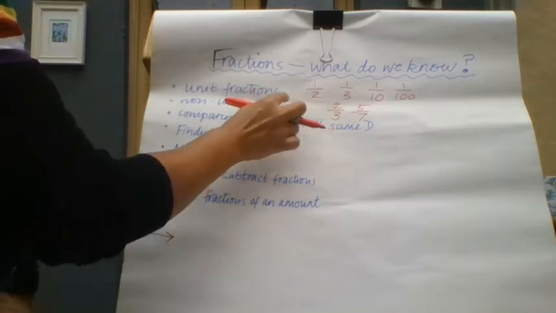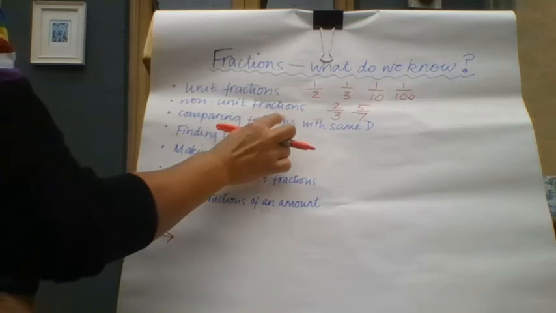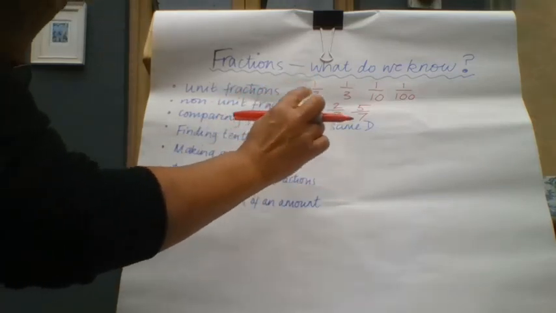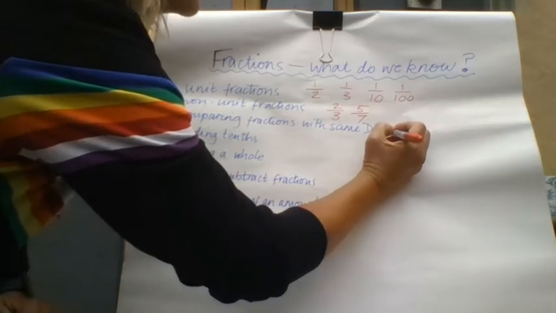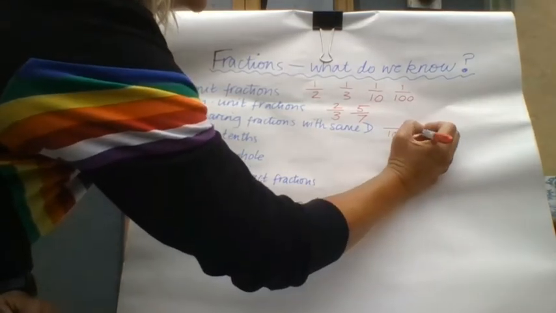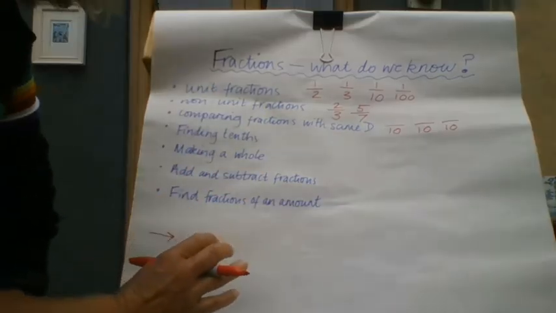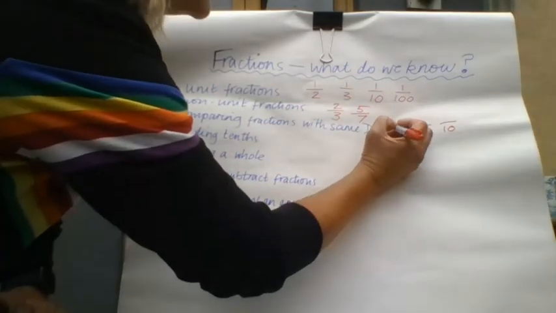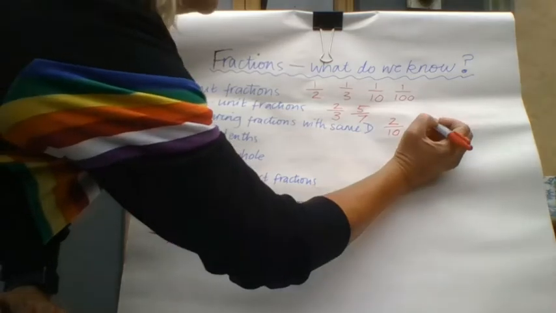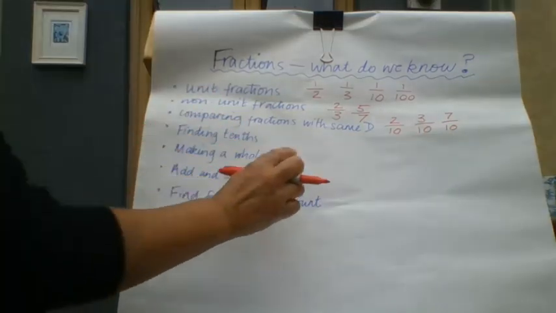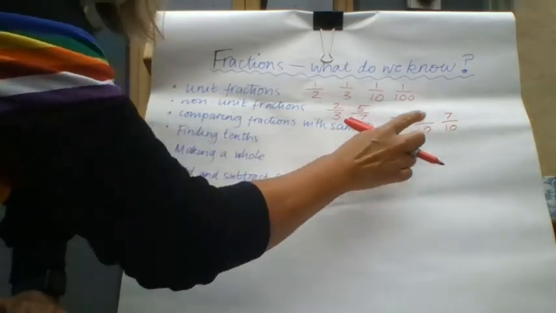If we're comparing fractions with the same denominator, so that would mean that all of our denominators are the same. Let's put some denominators of 10 and we can compare these three. So if I wanted to compare 2/10 with 3/10 and let's say 7/10, the denominator is the same in each.